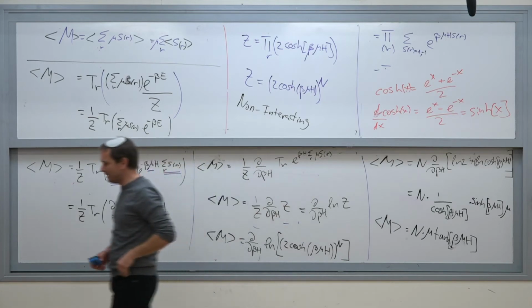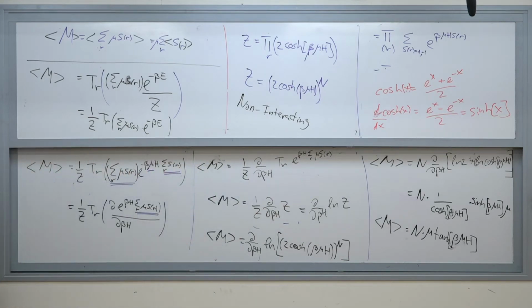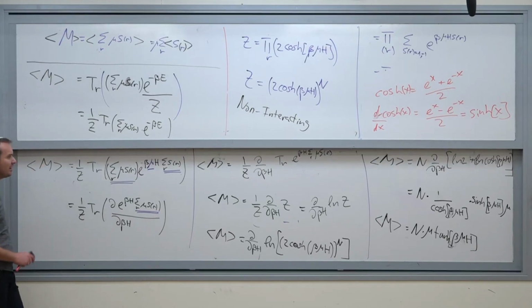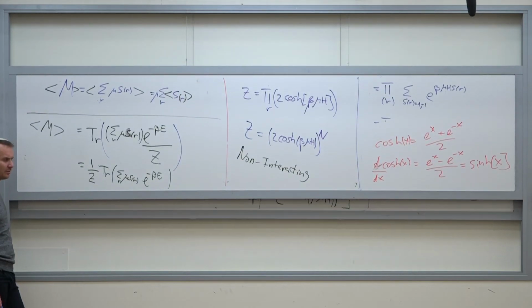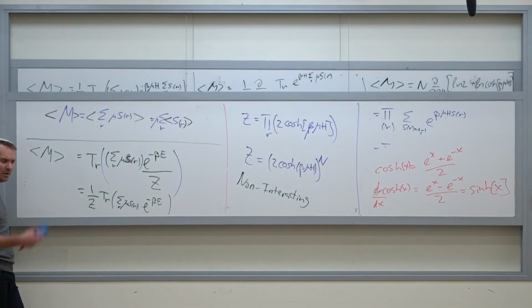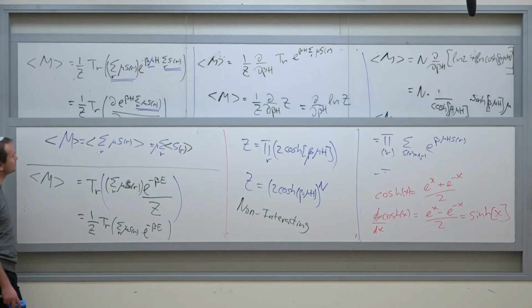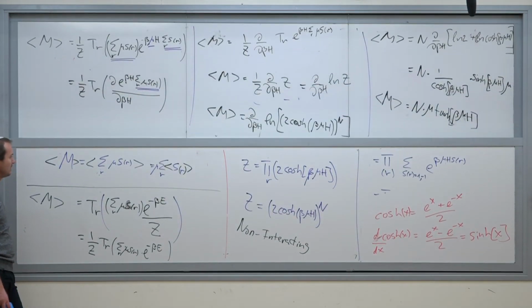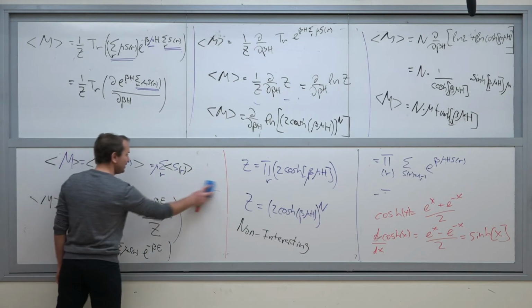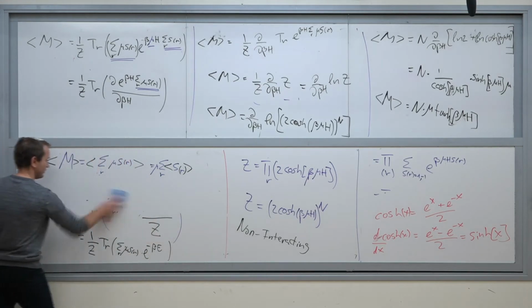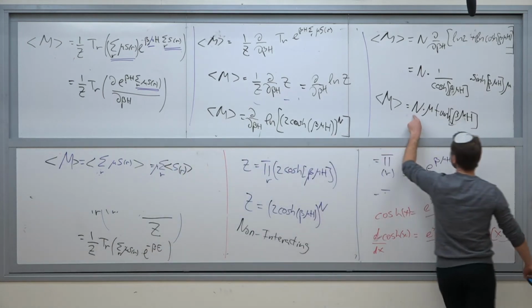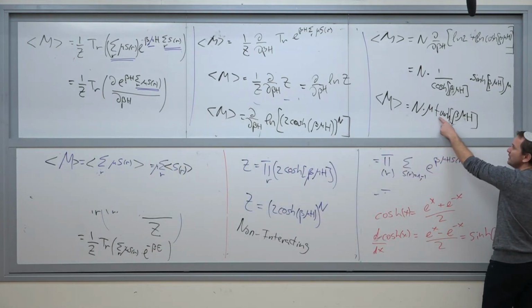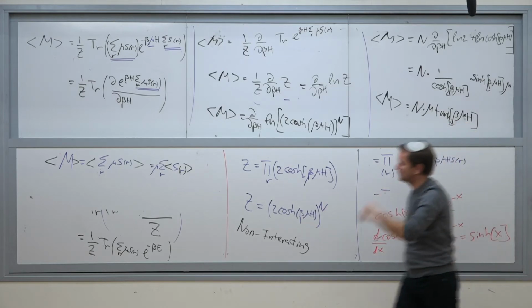This is a very nice result because, since we've got a factorization, we always expect the net result to be a sum over averages, right? The average M that we have gotten is n multiplied by mu multiplied by hyperbolic tangent of beta mu h.